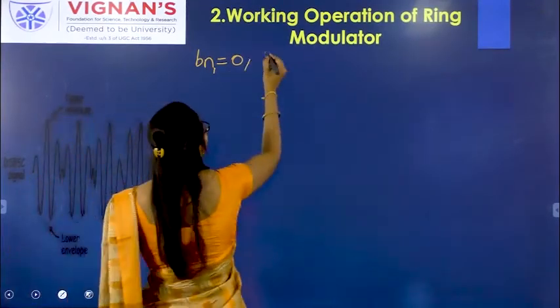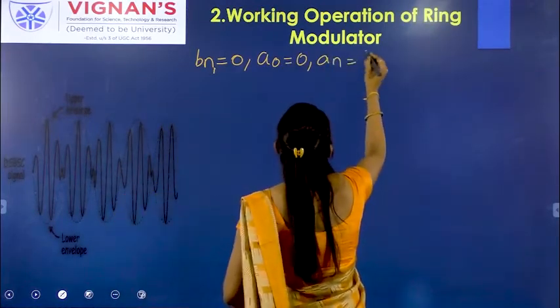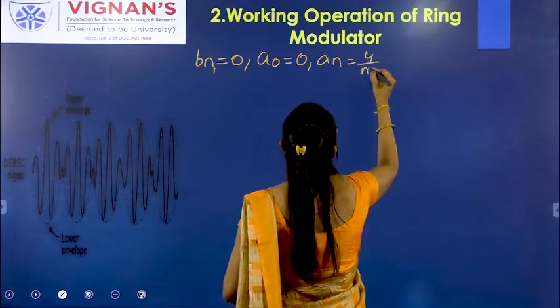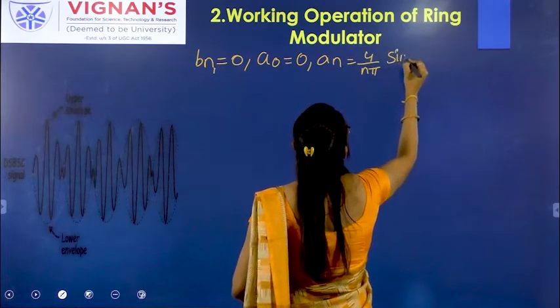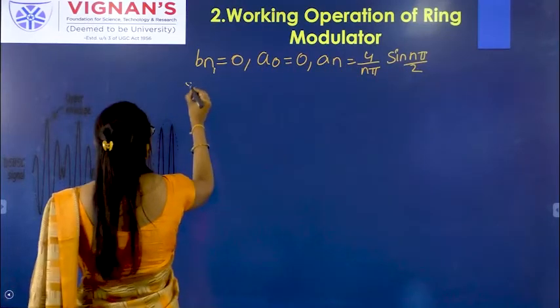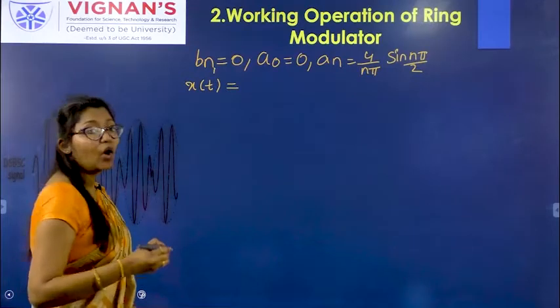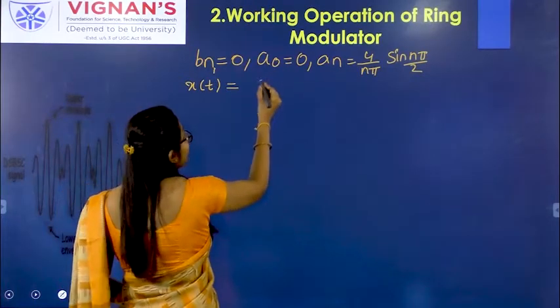So finally bn value is 0, a naught value is 0, and an equals 4 by n pi sin n pi by 2. Now I am putting this in the equation x of t equals a naught plus sigma n, and a naught is already 0.